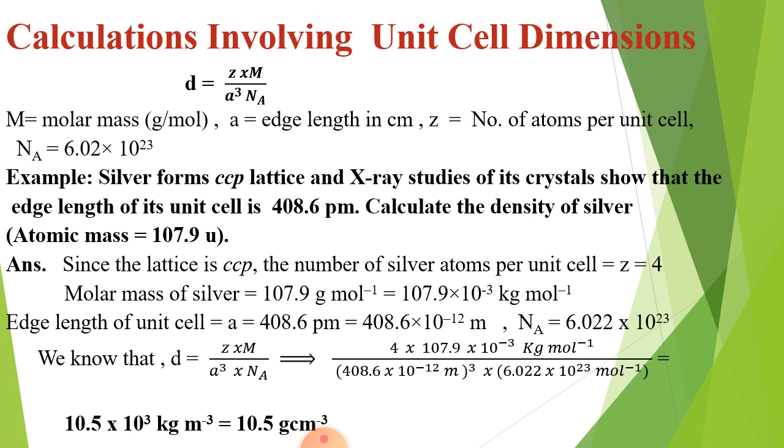Now we know the density formula, and we put the values like this: Z is 4, then the atomic mass in kg per mole, a cube, 408.6 into 10 to the power minus 12 meter whole cube, and the Avogadro number. Solving this, we get the answer 10.5 into 10 to the power 3 kg per meter cube, or in gram per centimeter cube it becomes 10.5 gram per centimeter cube.